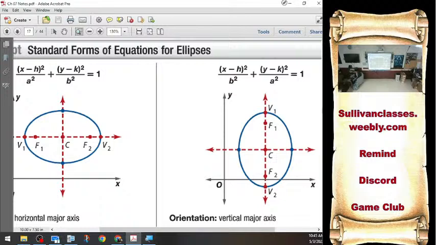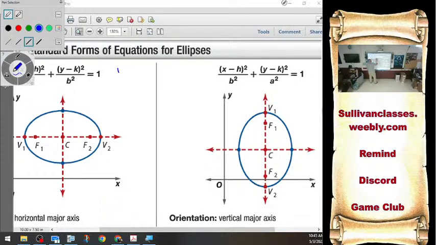Can we make a generalization about that? A is the important one. A is the important one. A squared is always the bigger denominator.